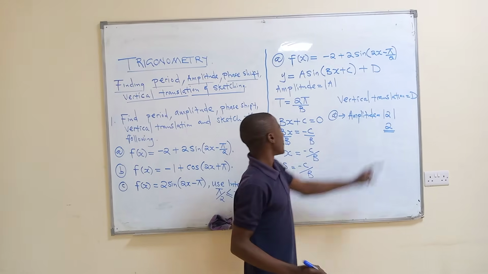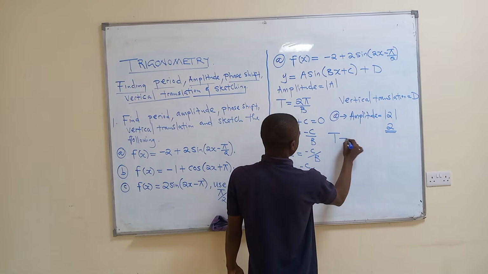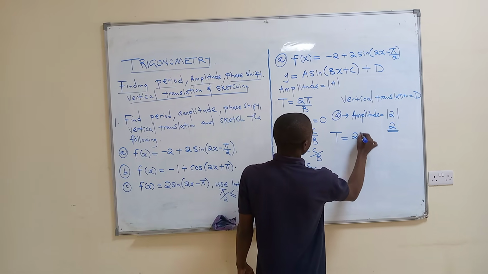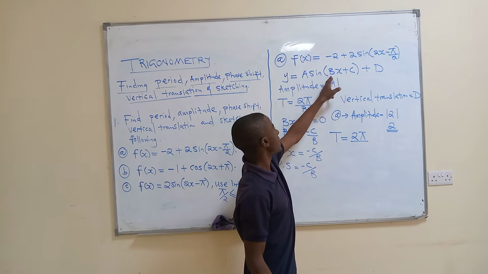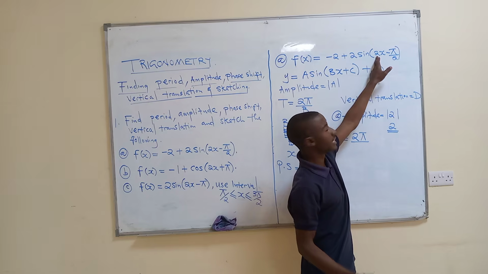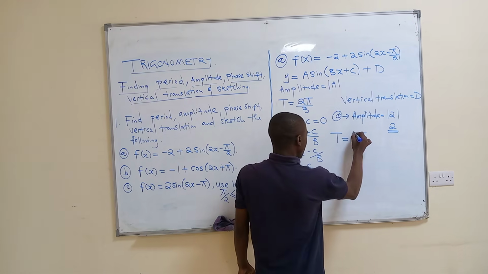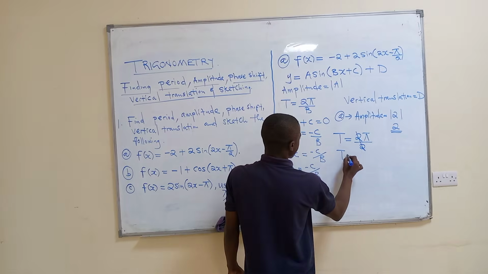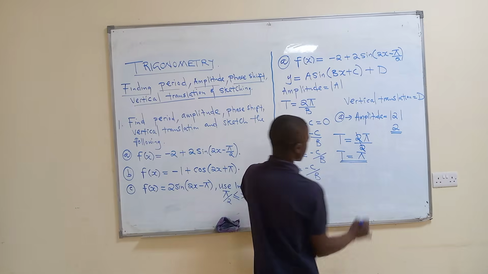From there, we calculate the period. Period equals 2 pi over the coefficient of x. The coefficient of x is 2, so we divide by 2. When you cancel, you get pi as the period.